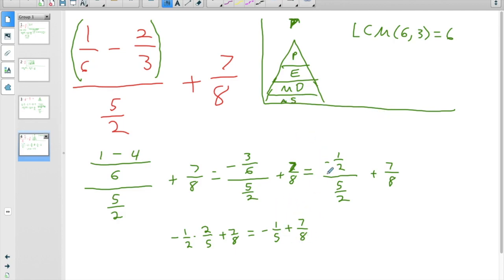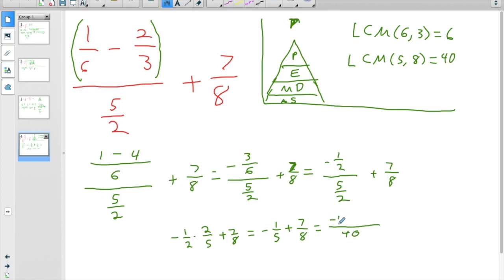But we need a common denominator. So now we come back and we look for the least common multiple of 5 and 8, which is 40. So what did we multiply 5 by to get 40? 8.